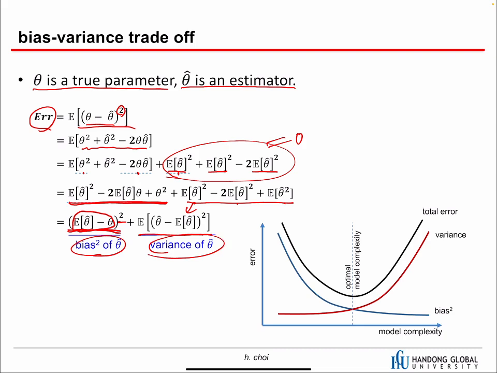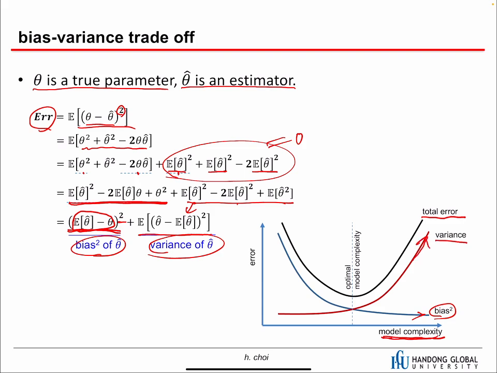So there is a trade-off. This is total error, and this one is model complexity. When we increase the model complexity, bias square decreases like this. While when we increase the model complexity, the variance increases like this.